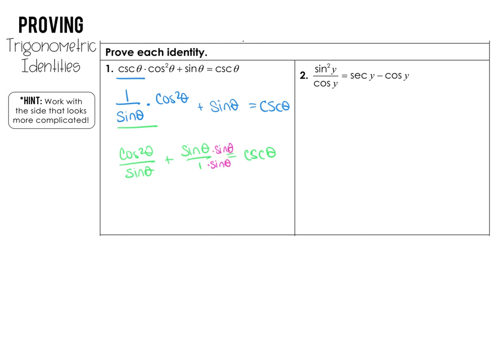All right. So on the left, I have cosine squared over sine. And actually, I'm going to go ahead and combine those numerators. So that numerator is cosine squared. The second numerator is sine squared.